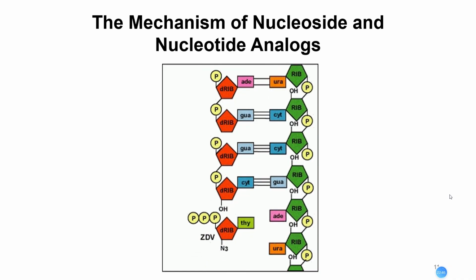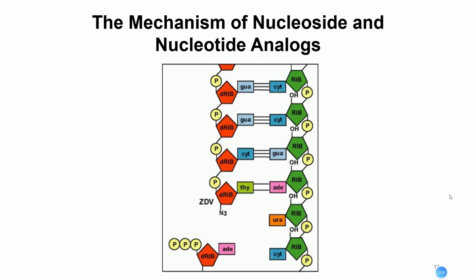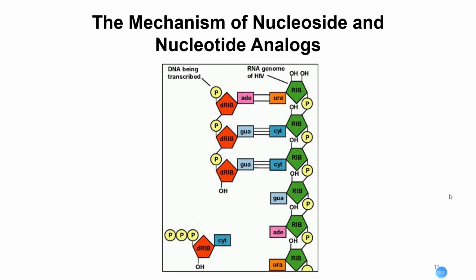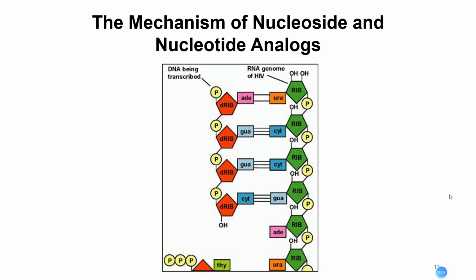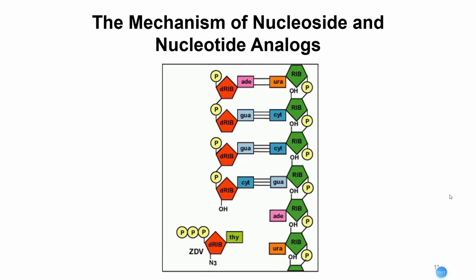Remember that? Always on the 3', because on the 3' on the ribose, the number 3 carbon, there is a hydroxyl group, right? This group can react with the phosphate group to link to it.